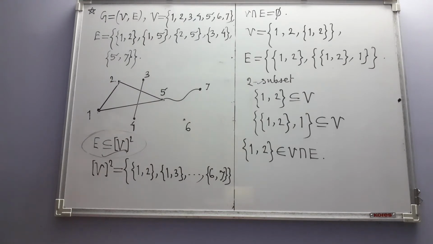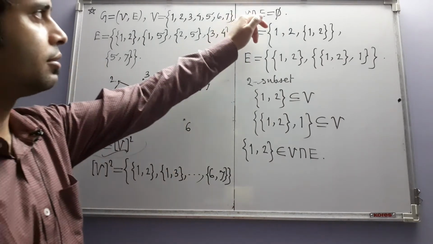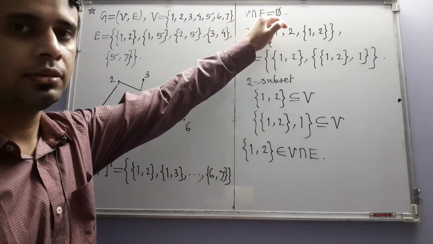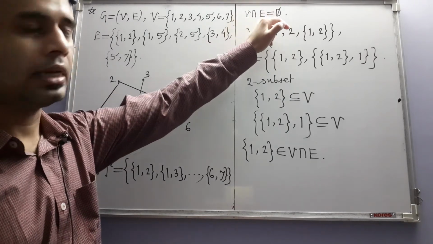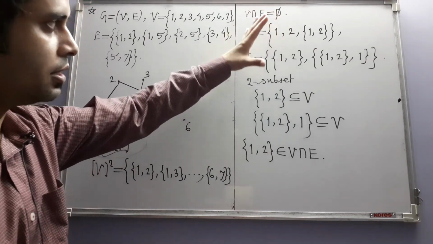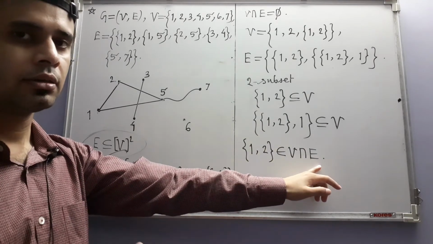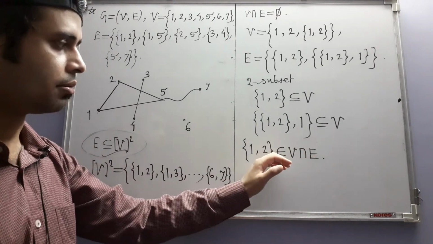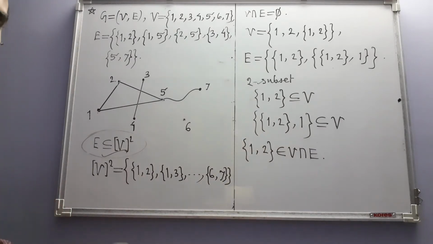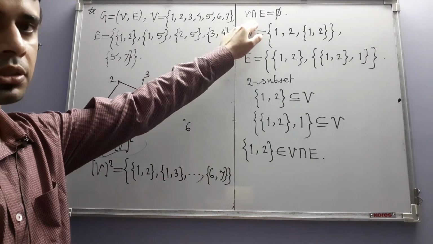Such a situation we do not really need in the study of graph theory that we are going to embark on. That's why we are assuming that V and E are disjoint. By putting this extra restriction, we are not really losing too much generality, because this type of complicated situation, where the vertex and the edge set are not disjoint, we don't really need. So we chuck them out of our discussion by assuming this extra condition.